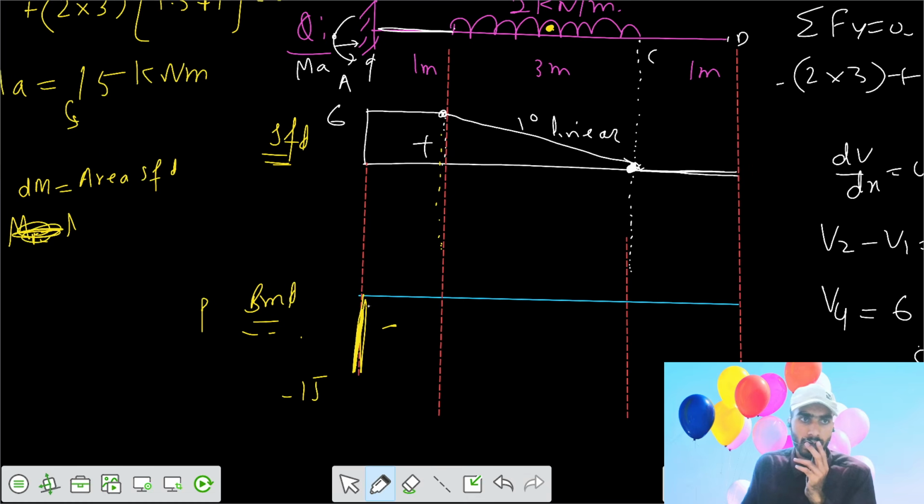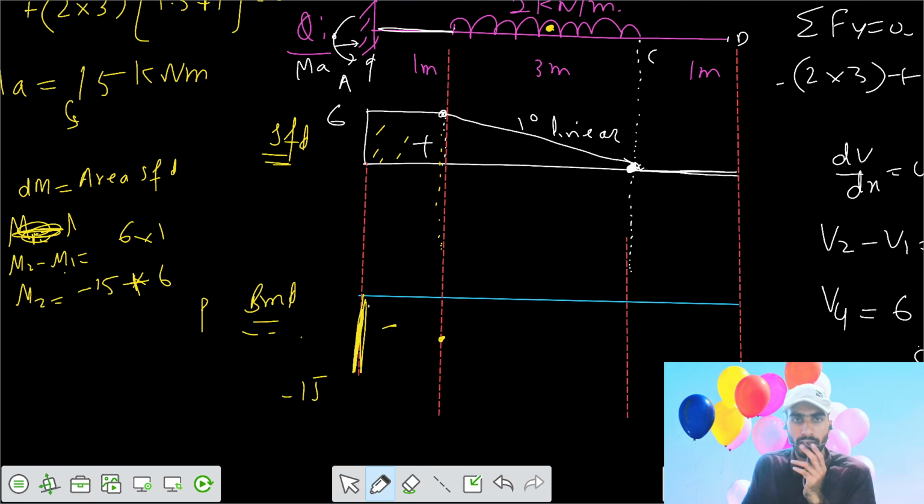So M2 minus M1 equals the area of the SFD, equals 6 into 1, 6 positive. So moment 2 equals moment 1, which was minus 15, plus 6, that's minus 9.